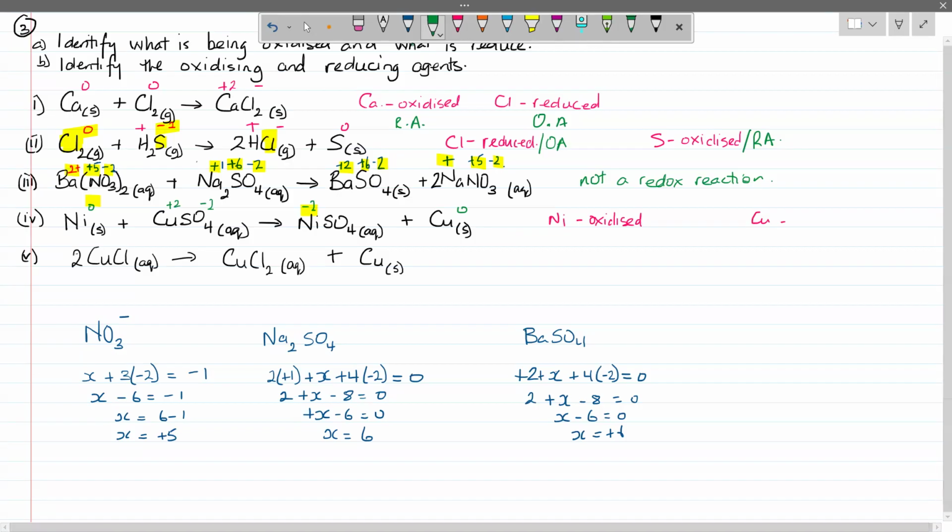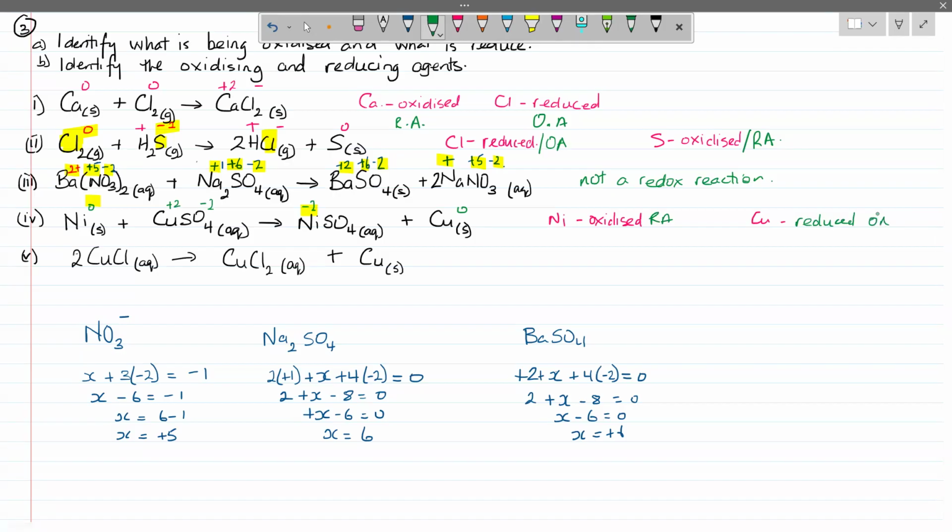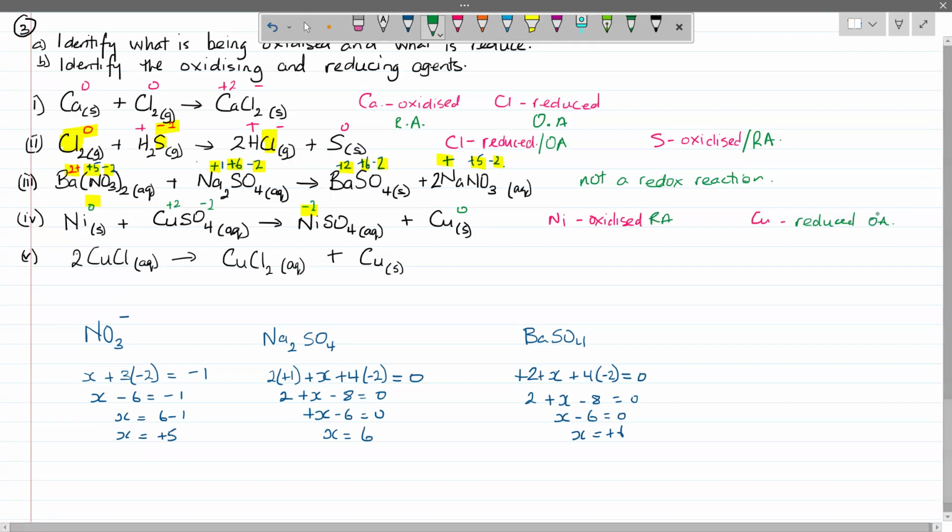Copper is gaining electrons and it's being reduced. So this is the reducing agent. This is the oxidizing agent here. Yeah. Last one. Let's see. Copper is still 2 plus. Now pay attention to the formula here, right?